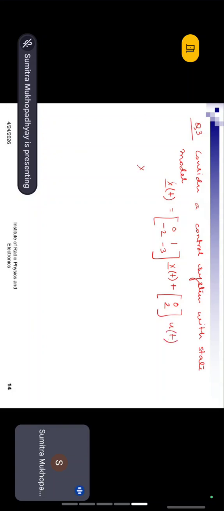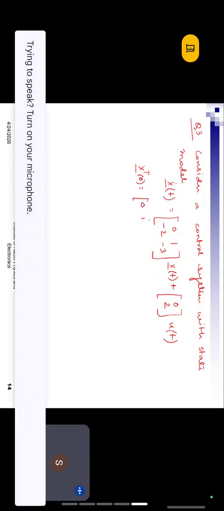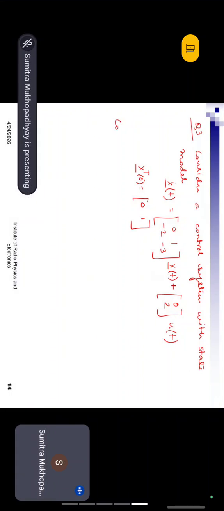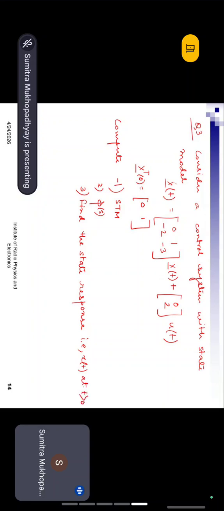The initial condition is 0, 1. You have to compute: number 1, the state transition matrix; number 2, the resolvent matrix; number 3, find the state response of the system for t greater than 0.